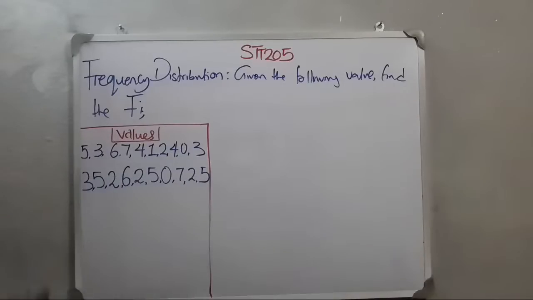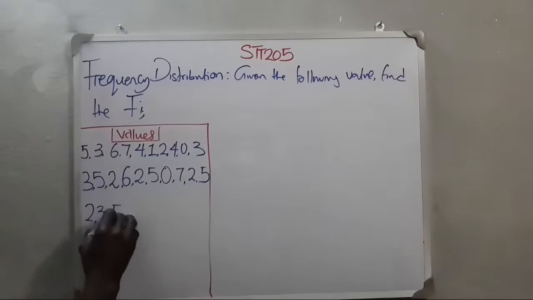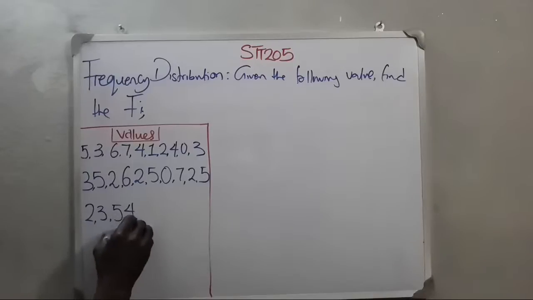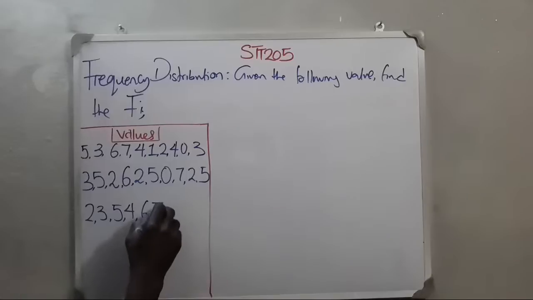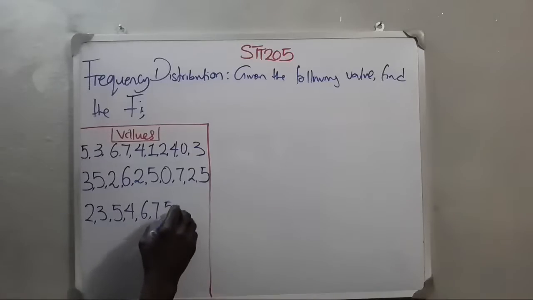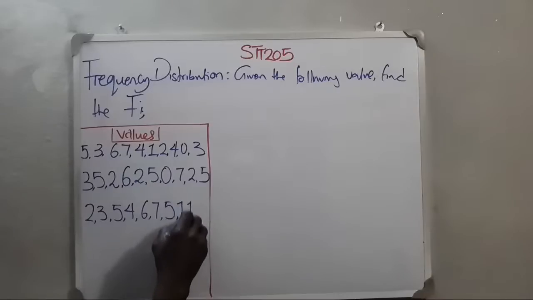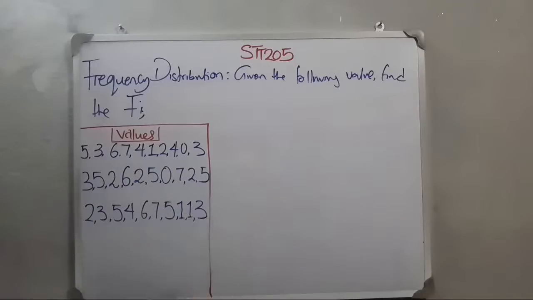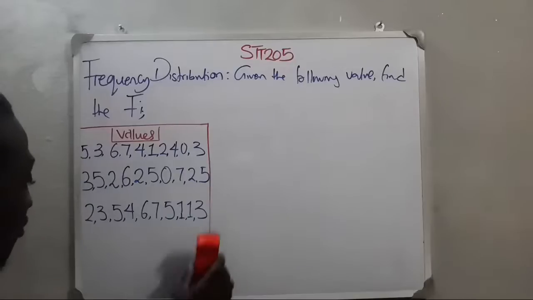Now we have 2, 3, 5, 4, 6, 7, 5, 1, 1, and 3. So these are the values.